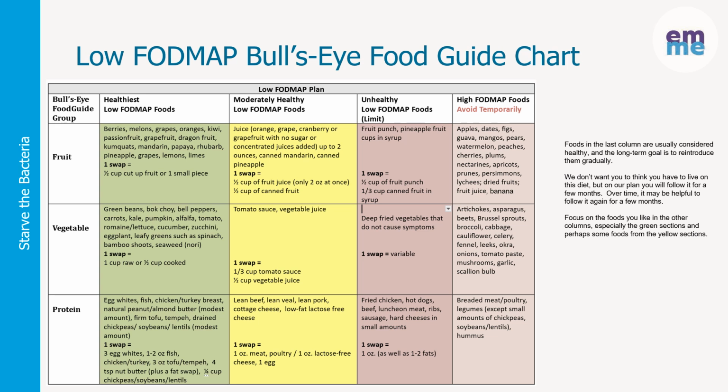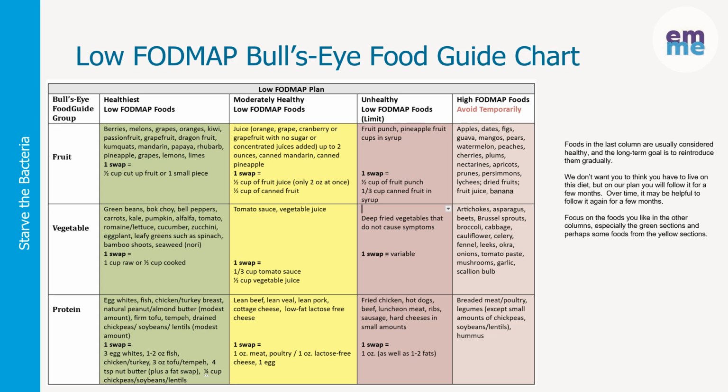And then in that darker red section, we have deep fried vegetables, the ones that are in the green section, but deep fried, so prepared in an unhealthy way. So they tend to be lower in fermentable carbs, but they're just not healthy. So we want to avoid those.